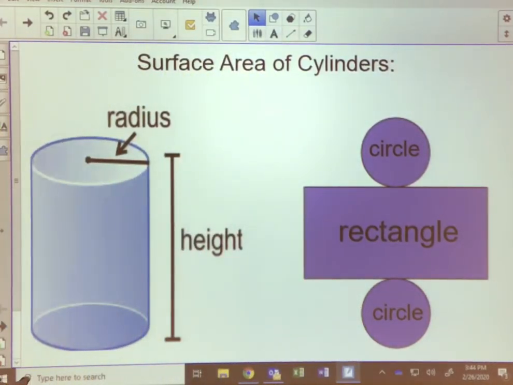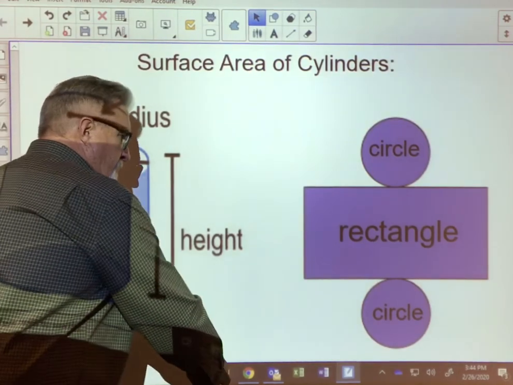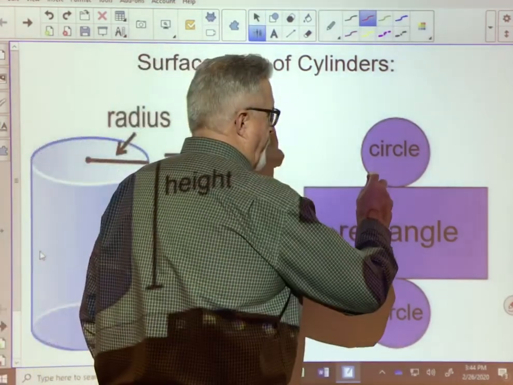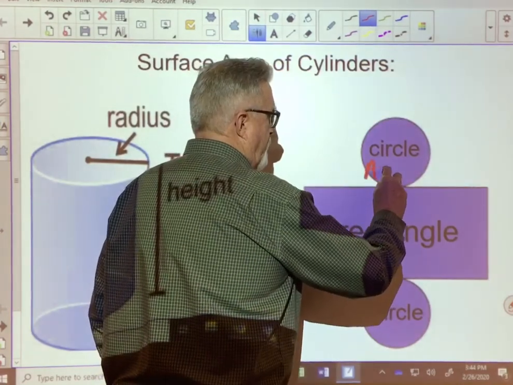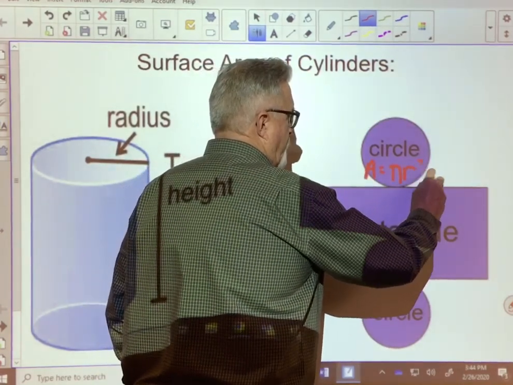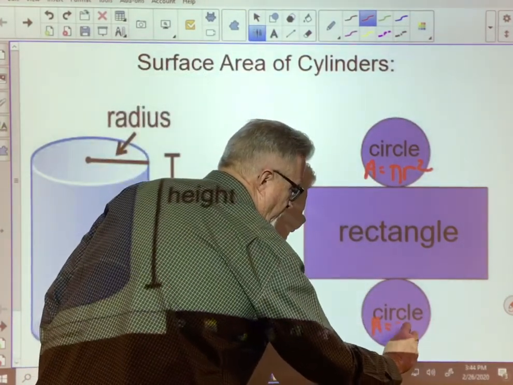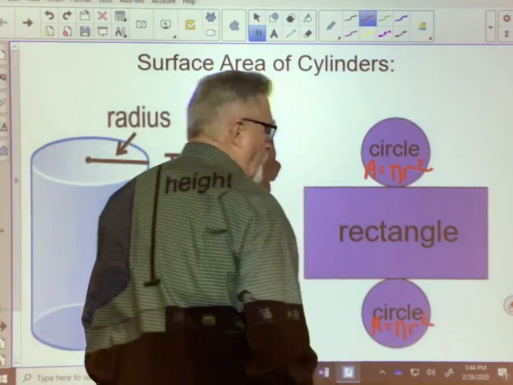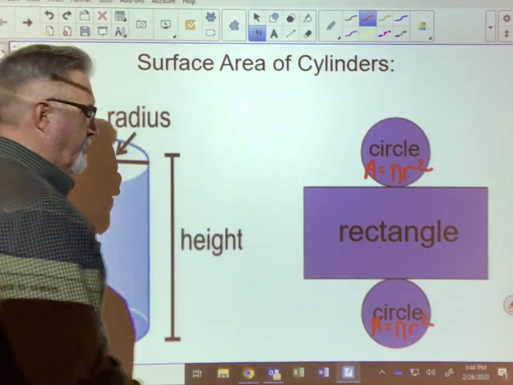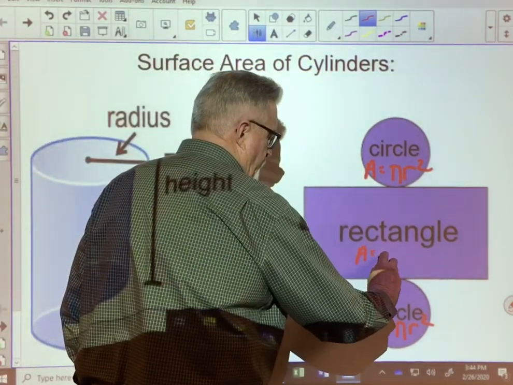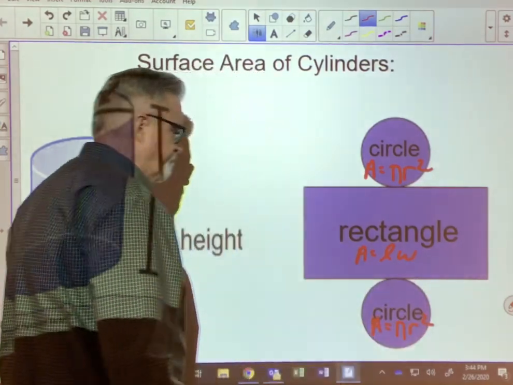We already know the formula for the area of both of those shapes. If you remember, the formula for area of a circle was area equals pi r squared. And since we have a circle there, we also have a circle here, so it'd be the same formula. And for a rectangle, we used area is equal to length times width.